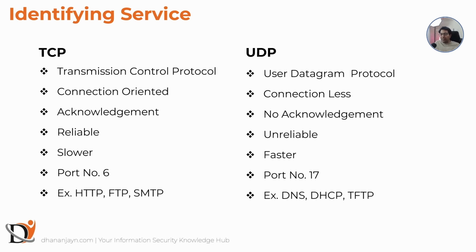Whereas in UDP, examples are DNS, DHCP, and TFTP; these are the protocols which work under the UDP suite. So, friends, it doesn't mean that UDP is less important, which is a usual understanding of people. But let me tell you, if the acknowledgements are not needed, then why should we use the TCP service?